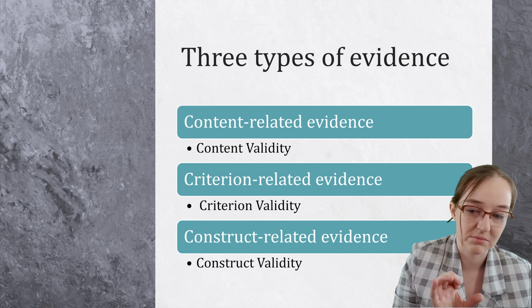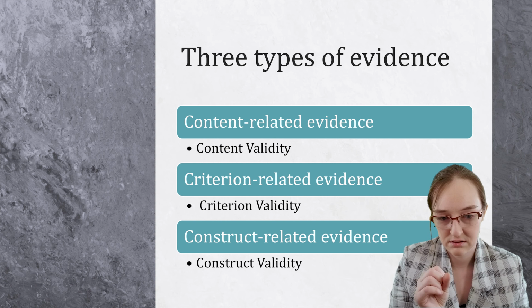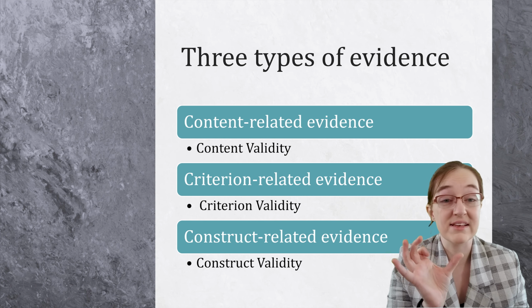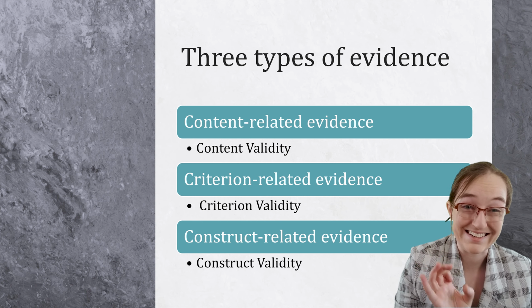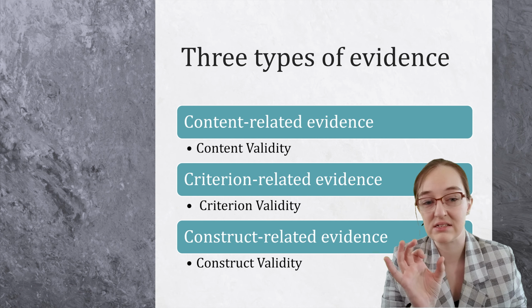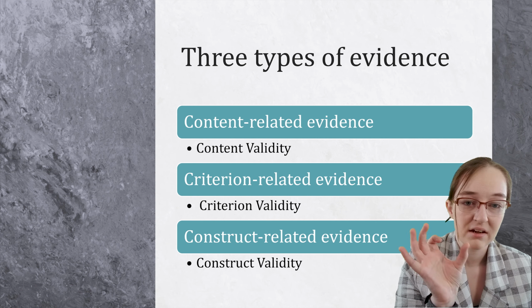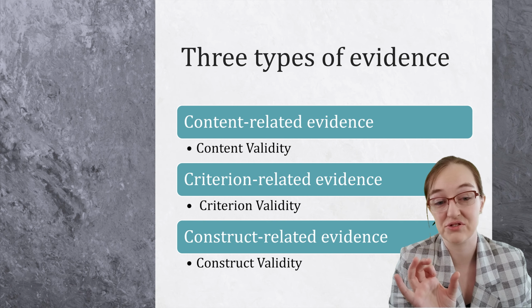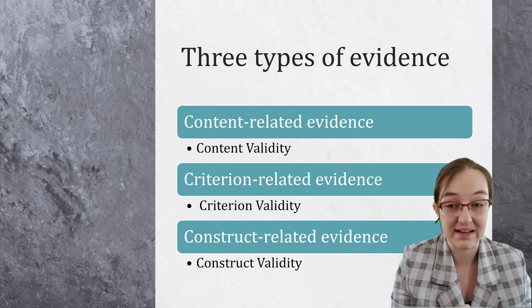Now this is going to be really similar to content validity. Oh wait, I lied. This definition is going to be really similar to the Anastasi definition, but the emphasis here is on the contents of the construct and how well they are represented on our test.